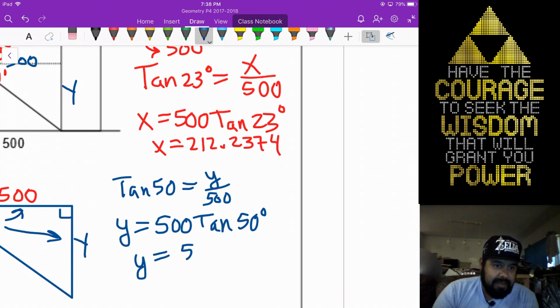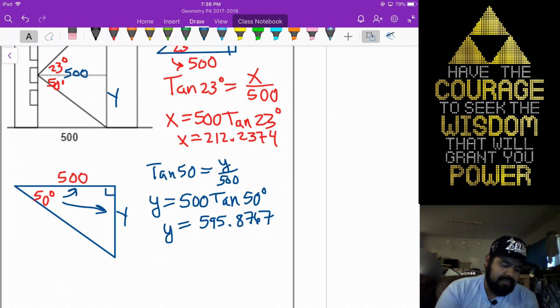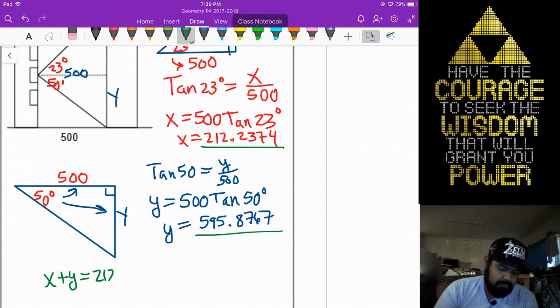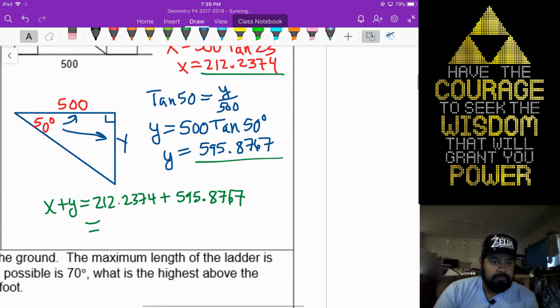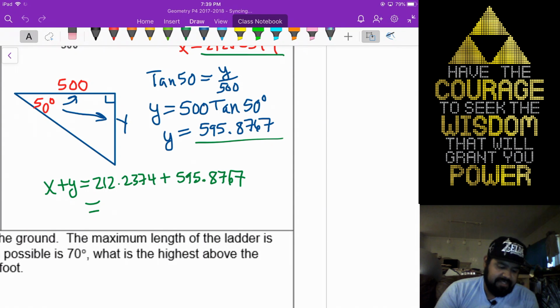Thank you, Nick. That is 595.8767. Okay, someone over there on the other side of the computer screen, go ahead and give me what x plus y is going to equal. 807.8767.